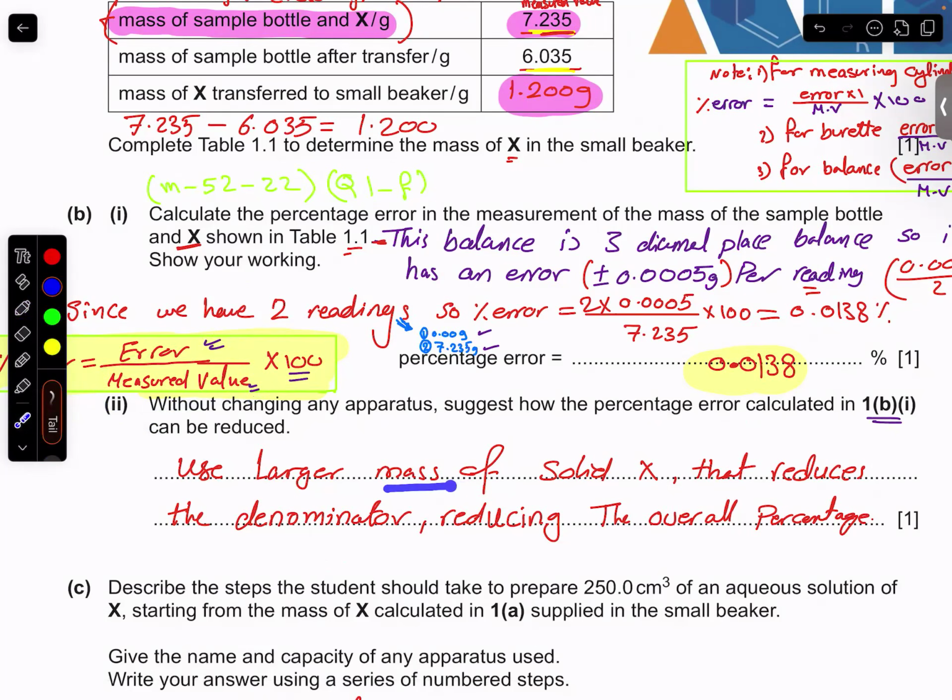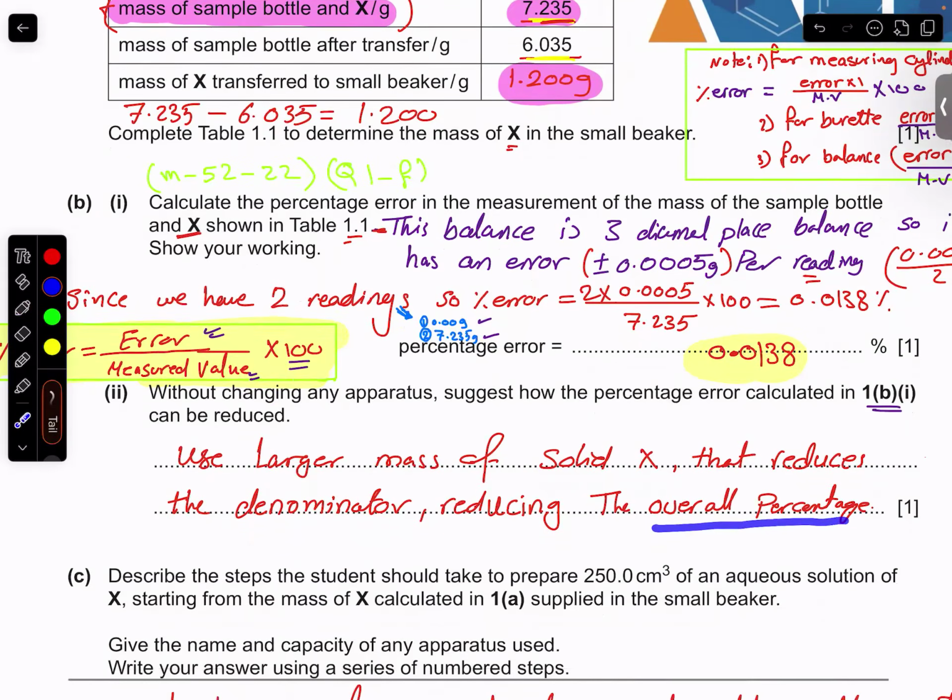If we use a larger mass of the solid, this value will increase and the percentage error will decrease. To decrease the error of this reading, we have to use a larger mass of solid X, because it increases the denominator, which results in a lower overall percentage error.